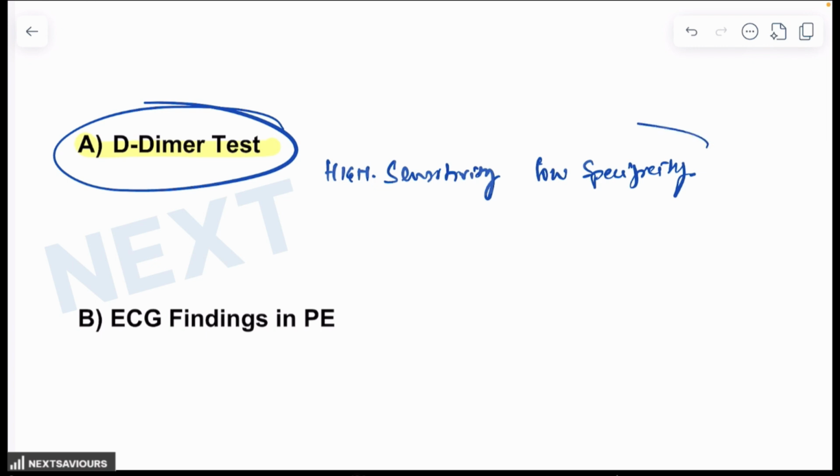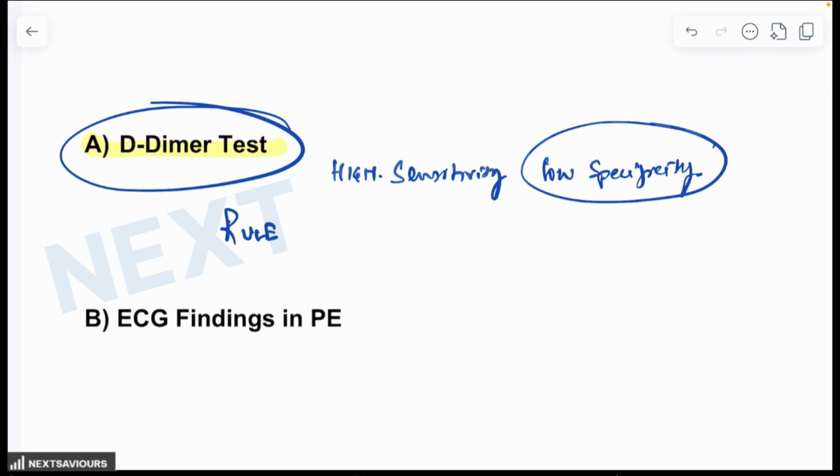As a result, it has a very low specificity. And what is the role of D-dimer in pulmonary embolism? It is only useful to rule out pulmonary embolism. Because in the question there is a high clinical probability, D-dimer is absolutely not needed. We directly have to proceed with the diagnostic imaging.